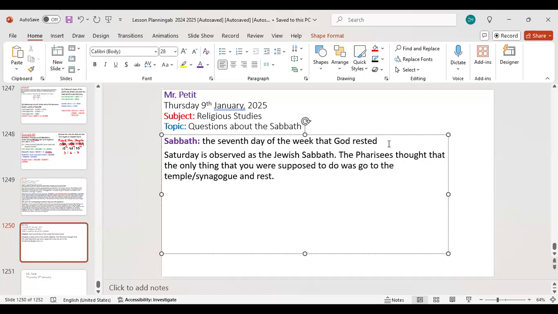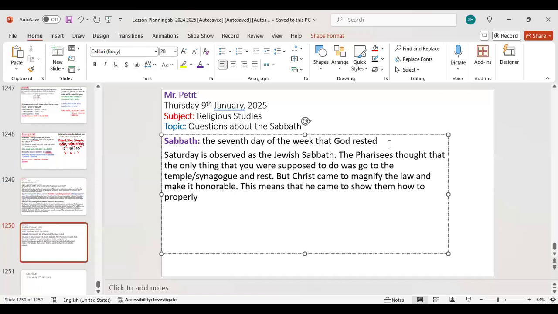They didn't understand, but Christ came, and this is very important because the Bible talks about this, but Christ came to magnify the law and make it honorable. That's actually a quotation from the Bible. What does that mean? This means that he came to show them how to properly abide by God's laws, including the Sabbath.